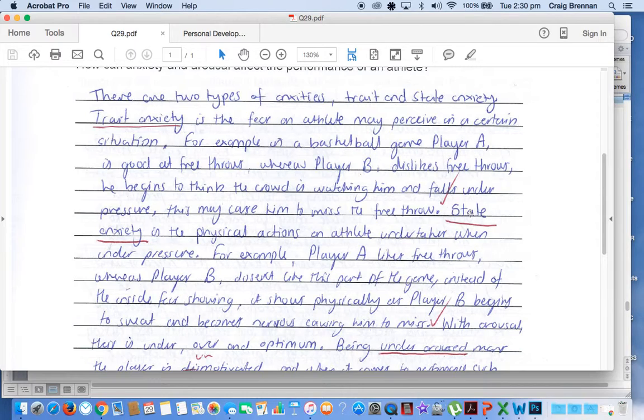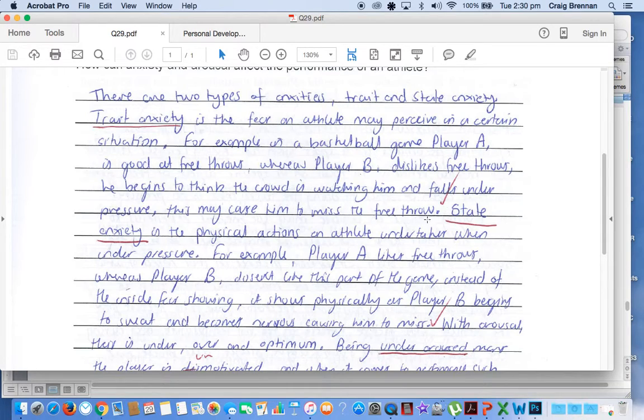Now, what you need to remember for this question is that I found that students were confusing trait and state, and they needed to make sure they had a clear understanding of both. Remember, trait, and it's exactly what the student's written here, is the fear an athlete may perceive in a certain situation. For example, in a basketball game, player A is good at free throws, whereas player B dislikes free throws. He begins to think the crowd is watching him and fails under the pressure.